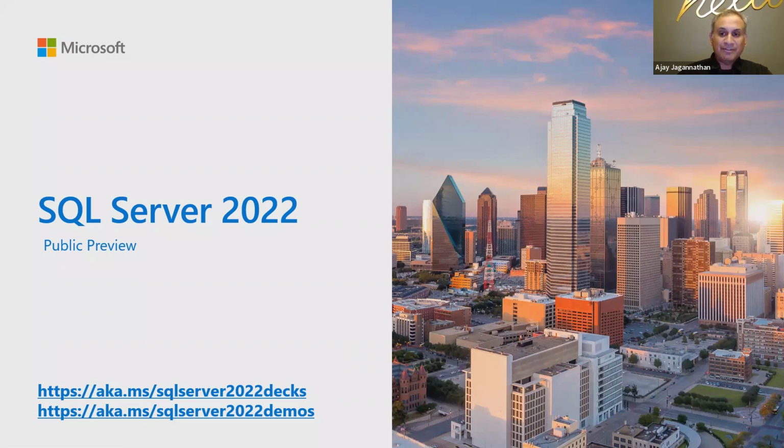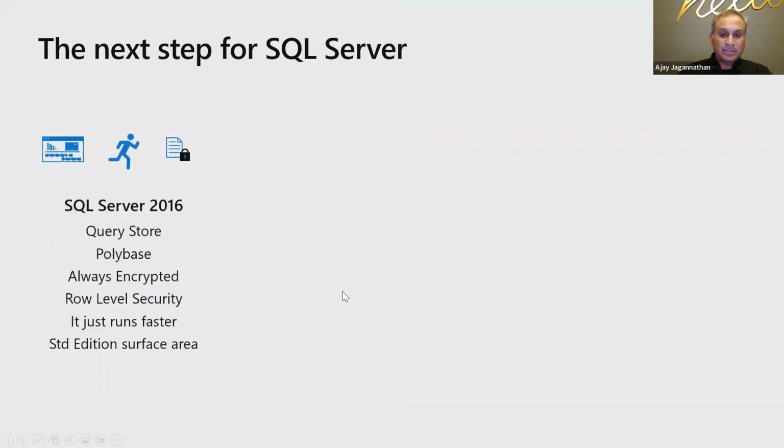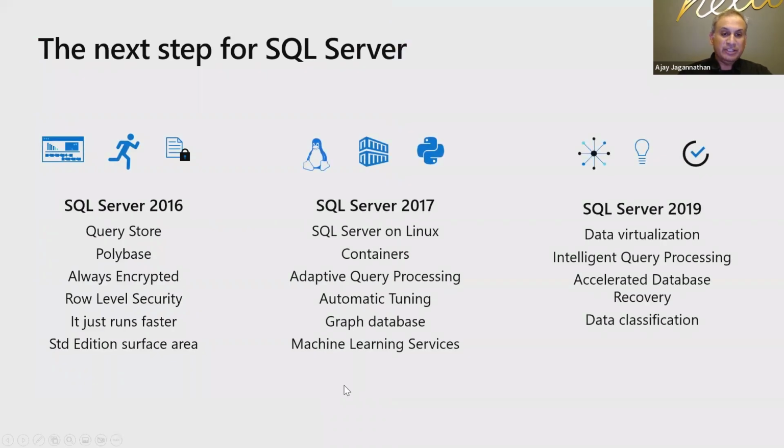Now, before we dive into SQL Server 2022, let's take a look at how we got there. It all starts with our core innovations in some of the critical areas of the product. Several of the features that you will see here were built on the foundation starting with SQL Server 2016 and even beyond.